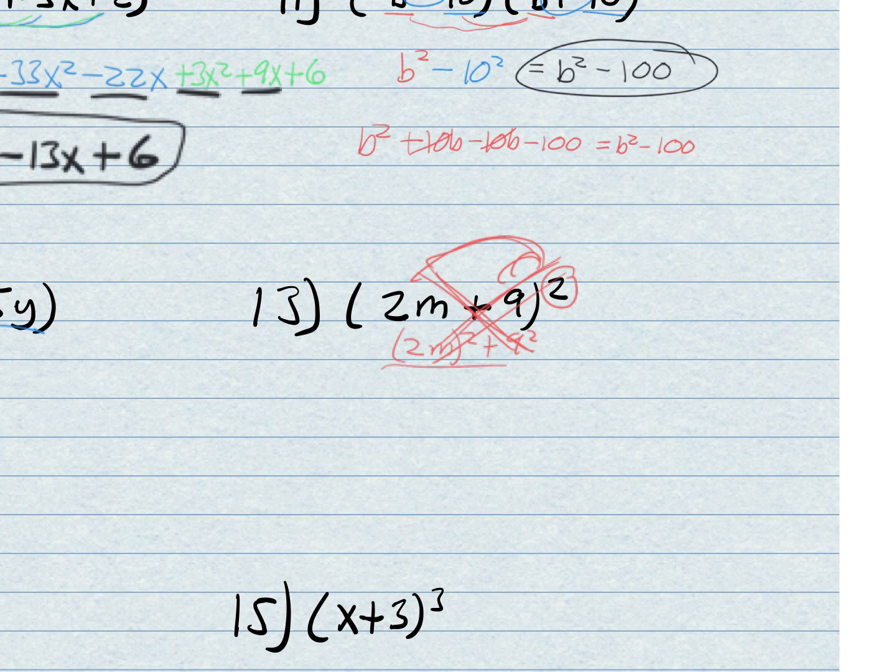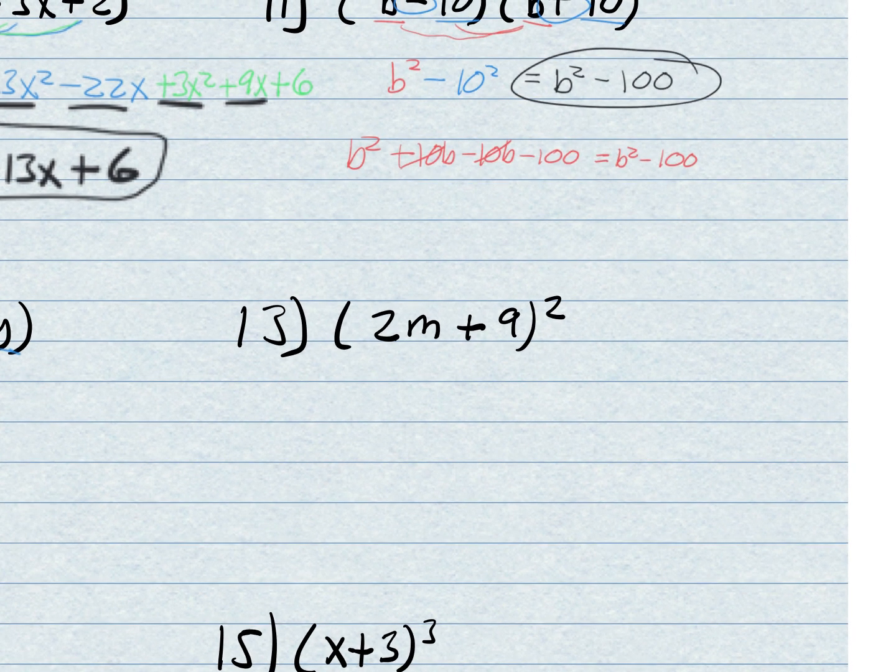All right, good. Let me go ahead and erase this, and let me show you how to actually do it. So when you see something like this, the route that most kids like to do is they just like to FOIL it. So they just do 2m plus 9 times 2m plus 9. This is how you would actually evaluate it.